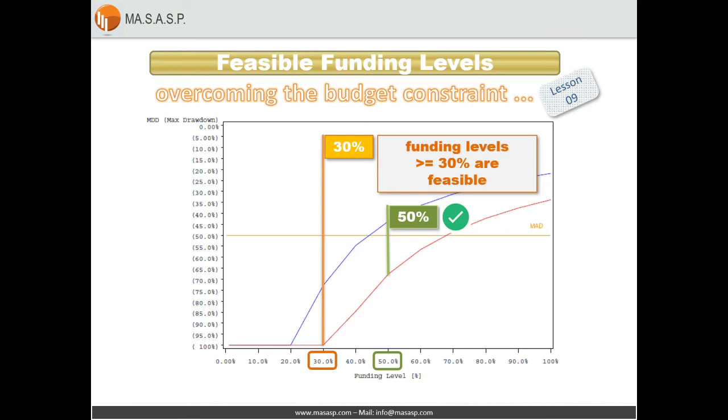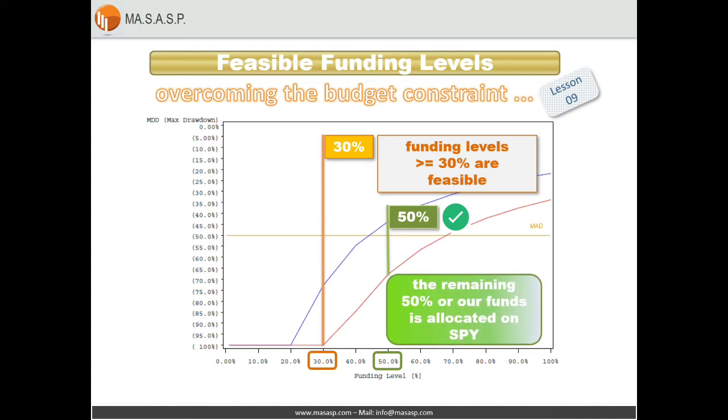The remaining 50% of our funds can be allocated on the benchmark, then on the SPY ETF. As a result, we have forged a system that might hold position for 150% of our funds, involving higher profits. Let's assess that in the next slide.